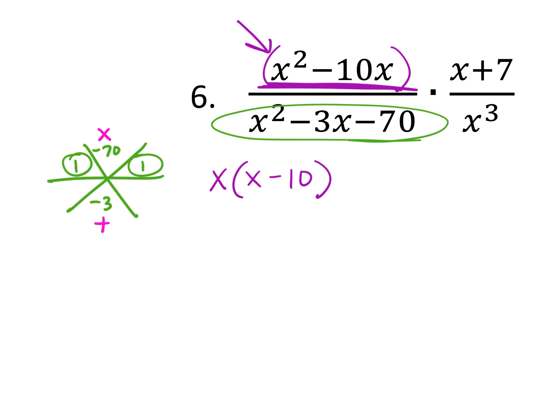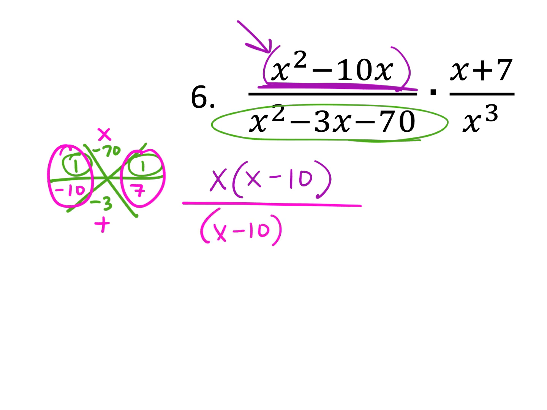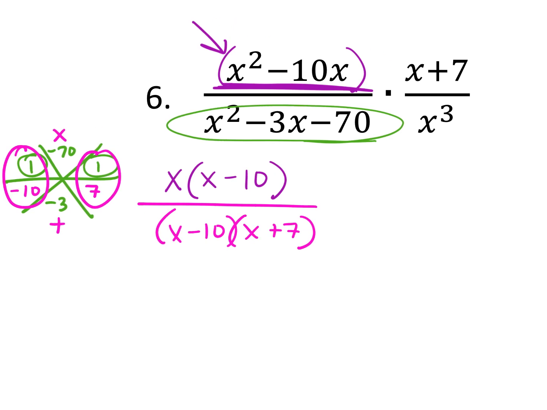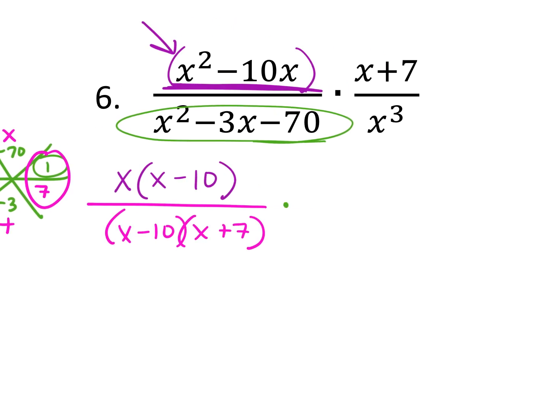A positive 7 and a negative 10. So here's your two binomials. On bottom here, we have x minus 10, x plus 7. Over here, we can't do anything to an x plus 7, so we just write an x plus 7. We can't do anything to an x cubed, so we just write an x cubed.